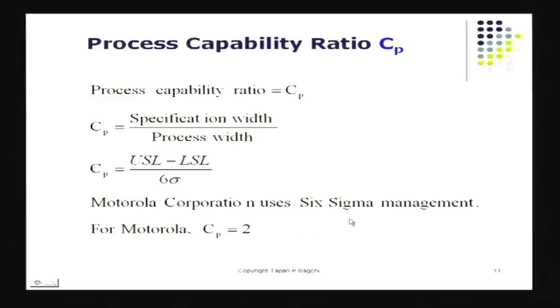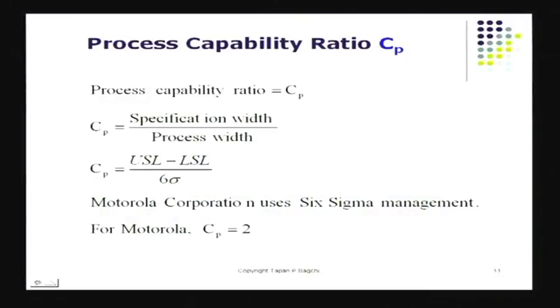It turns out if a process is a 6 sigma process, then your process has such good precision and your centering is so good that this CP number turns out to be 2 for your process. Let me give you 1 or 2 other examples. Suppose you have a tolerance limit that fits exactly the 6 sigma quantity.